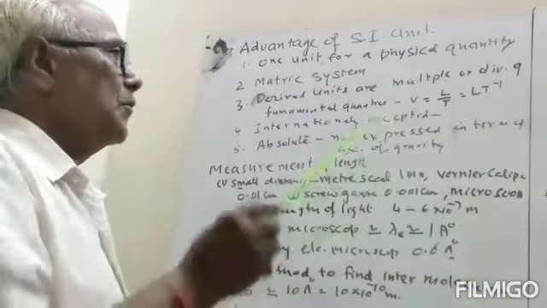It is not in the product of multiples of G, meaning it is nothing concerned with the acceleration of gravity. These units are absolute units. They are not to be expressed in the product or division of acceleration due to gravity, that is small g. So these are 5 advantages of SI units over the MKS unit, CGS unit and FPS unit.